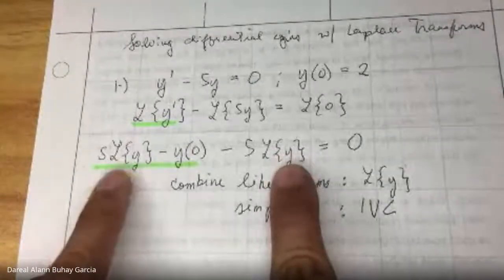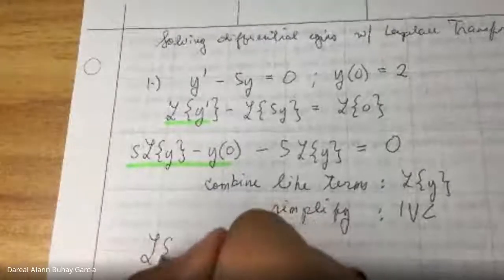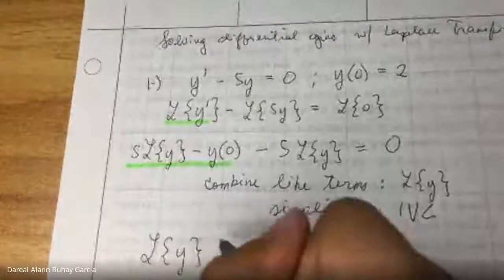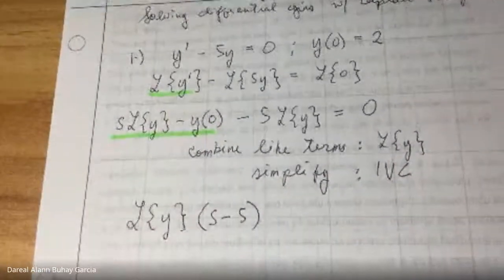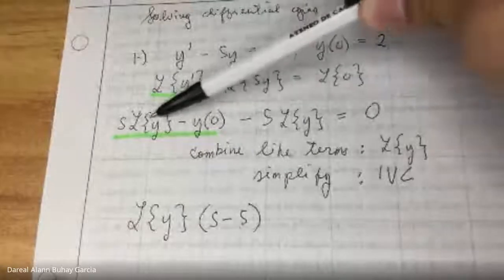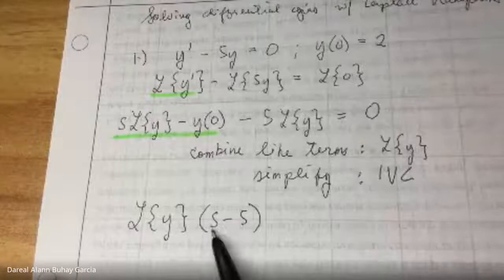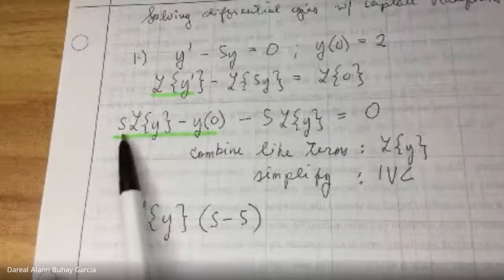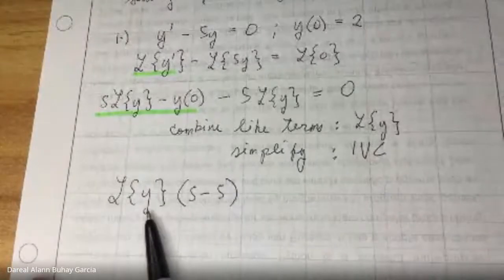So we combine them: the Laplace of y times s minus 5, since their coefficients are s and minus 5.